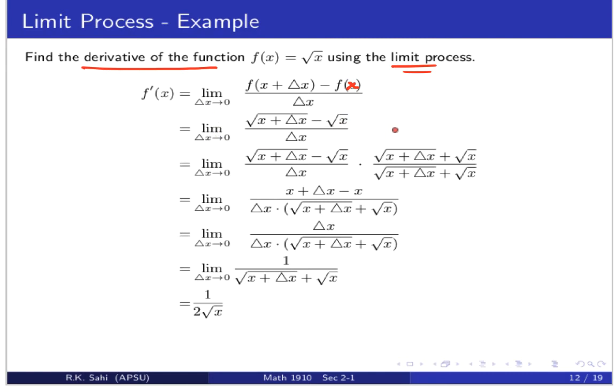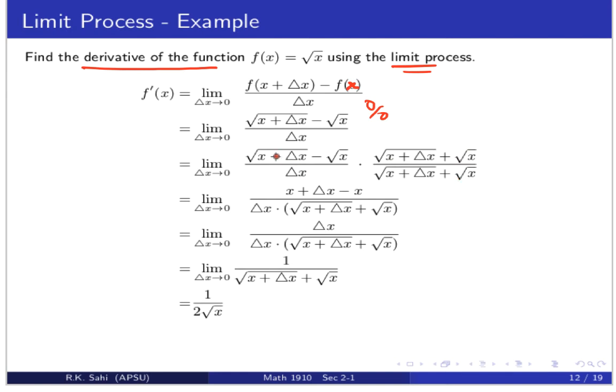Now notice, if I want to take the limit, remember the derivative means the limit exists. If I look at this function, it's a 0 by 0 form. Remember the indeterminate form? Also, since it has square roots, if you remember from chapter 1, we can get rid of the square root by multiplying by the square root of x plus delta x plus square root of x and dividing by the same thing.